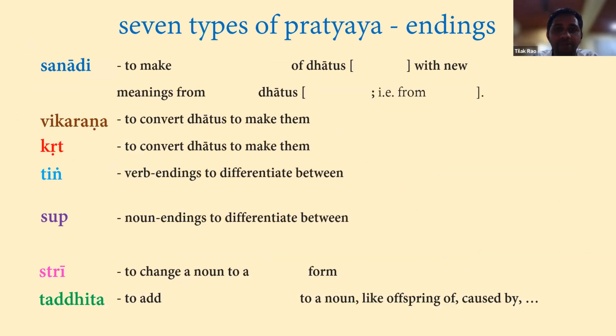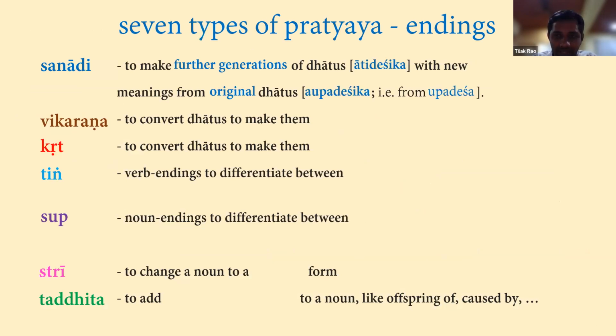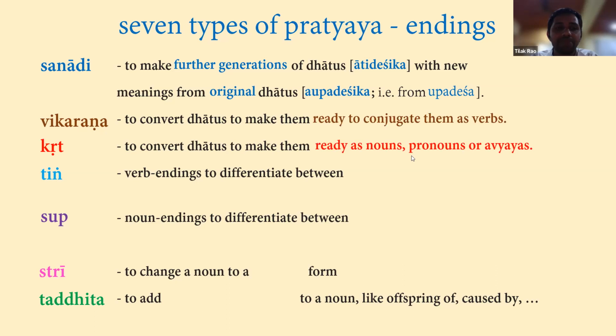So we saw 7 types of pratyayas. Sanadi pratyayas are added for further generation of dhatus; the words upadeshika, atadeshika are used, but you can leave those. Vyakarana pratyayas are added in between dhatu and thing, bringing the dhatu and sup pratyayas together.